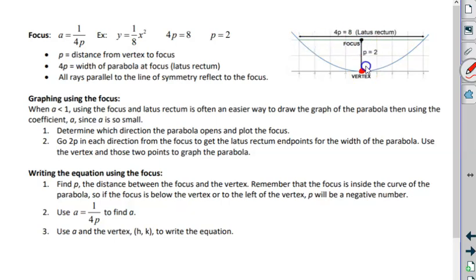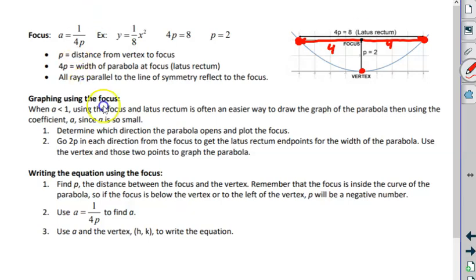So in this case, if p is 2, then this whole distance has to be 8. So I could go 4 in this direction, and I could go 4 in this direction, and that would give me 2 more points on the parabola, and I could graph the parabola.